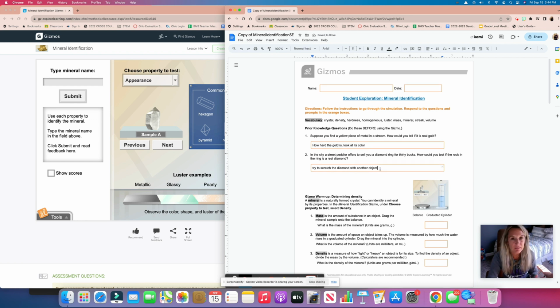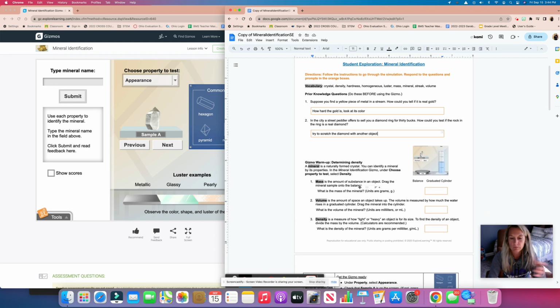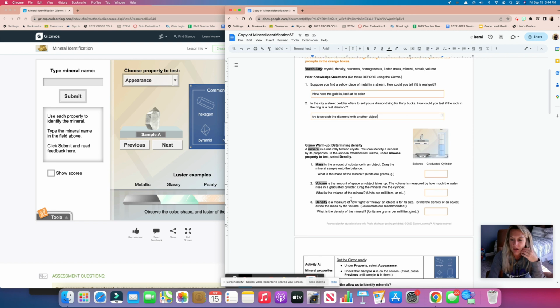You can look at the color, see how dense it is. Each mineral has a certain density. So you would look at its properties to try to identify it.